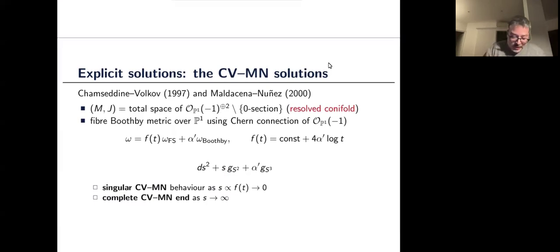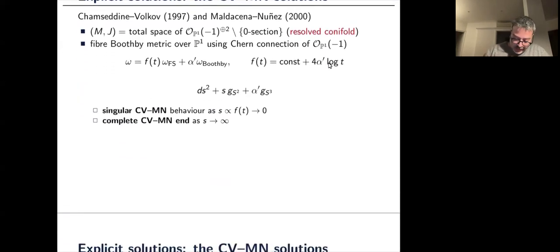And as s goes to zero instead, you have some singular behavior. So it's a solution that is not complete. It has a singularity as we go inside, but is complete as I go towards infinity.